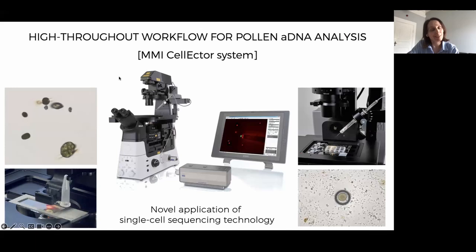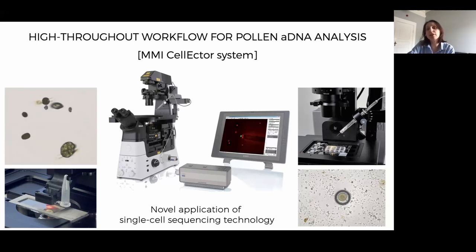And I don't have time to show you all, but I'm very happy to say that recently we have managed to establish a prototype of the first high throughput workflow for ancient pollen DNA analysis here at Geogenetics at Copenhagen.